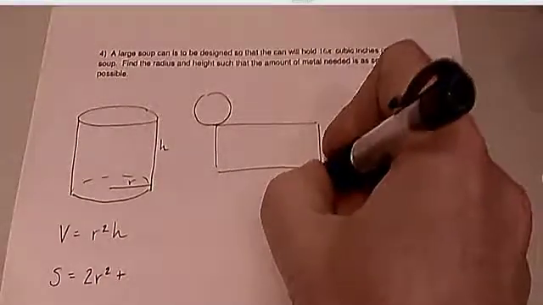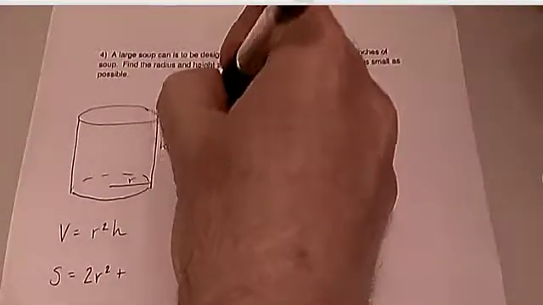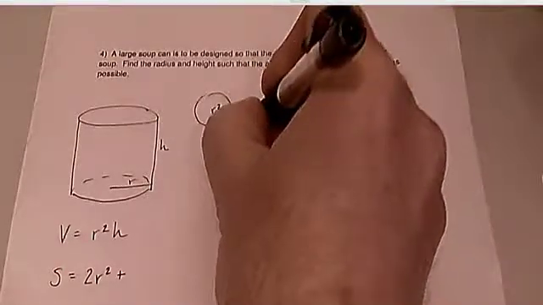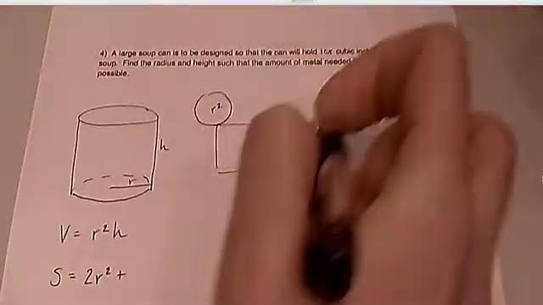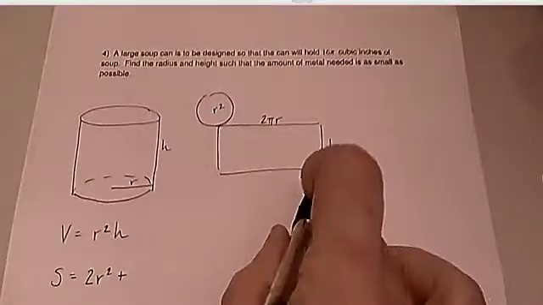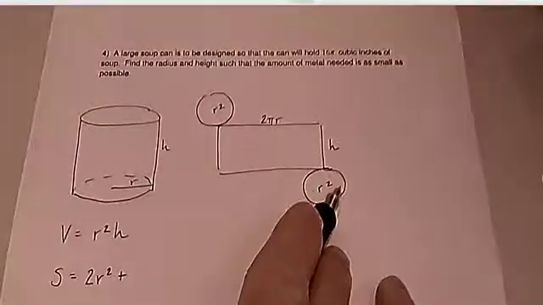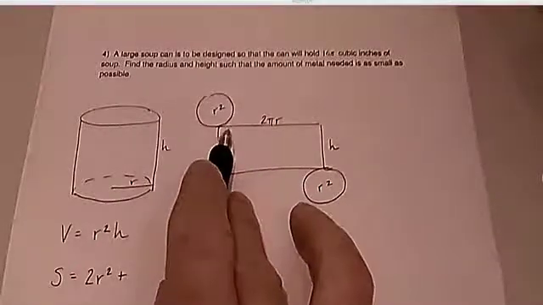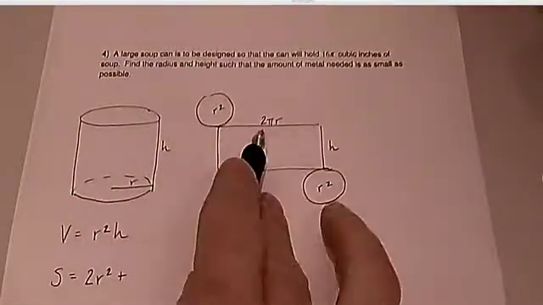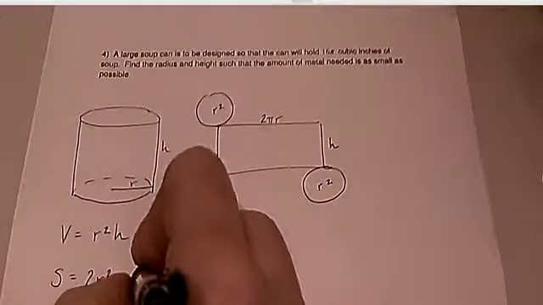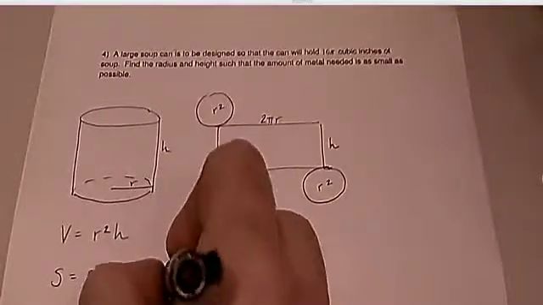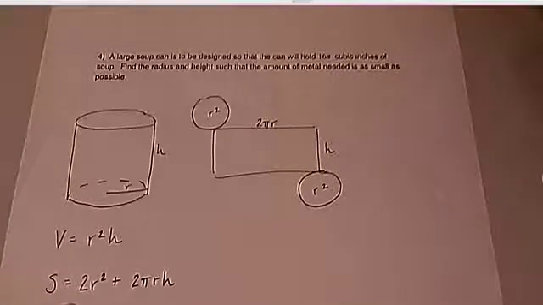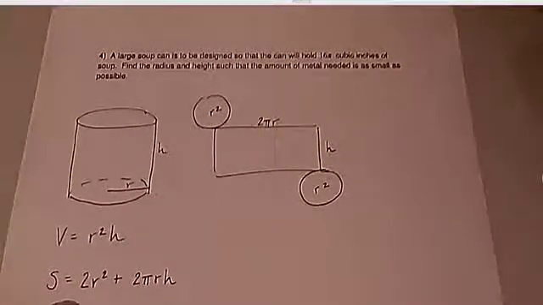Well, we've already talked about the fact that this is pi R squared and this is pi R squared. You know that this is H. This side right here matched up with the circumference of these circles. So this is actually a rectangle that has the sides H and 2 pi R. So 2 pi R H. There's your surface area.